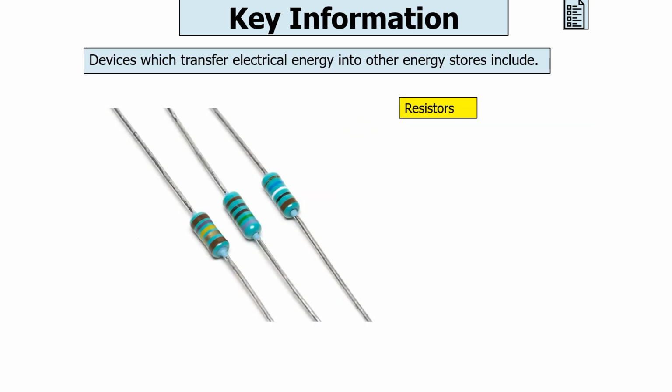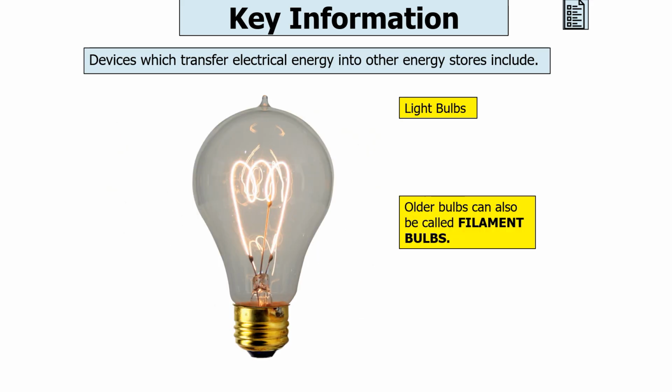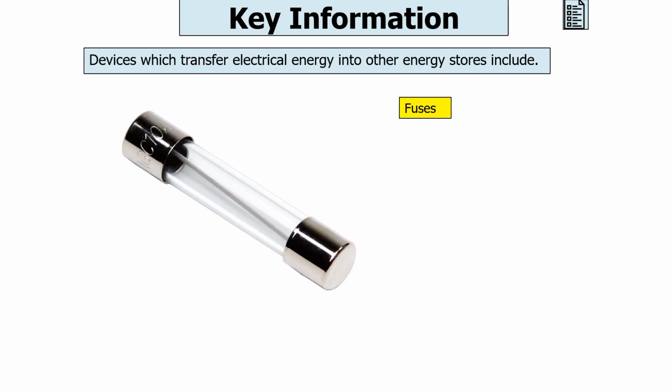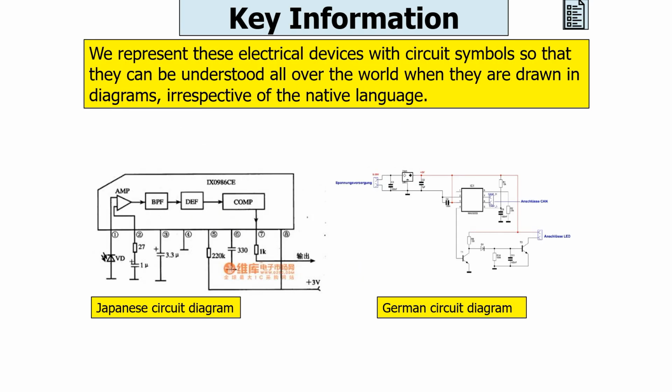Now, devices which transfer electrical energy into other energy stores include resistors, light bulbs. Now, older bulbs can also be called filament bulbs, rheostats, which are an example of a variable resistor, and fuses. Now, we can represent these electrical devices with circuit symbols so that they can be understood all over the world when they're drawn in diagrams, irrespective of their native language.